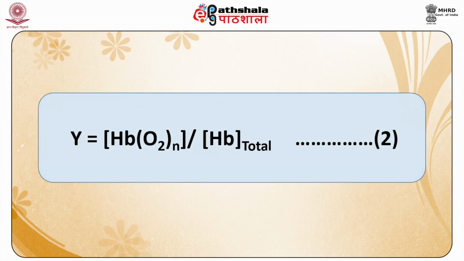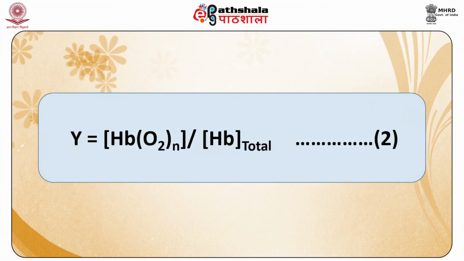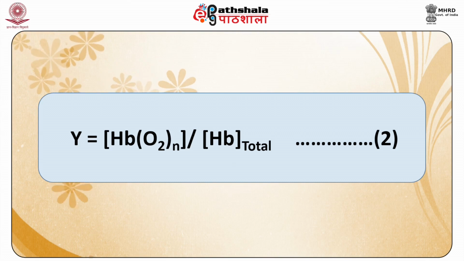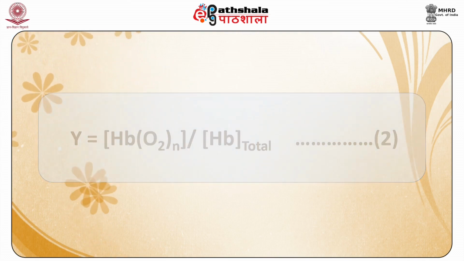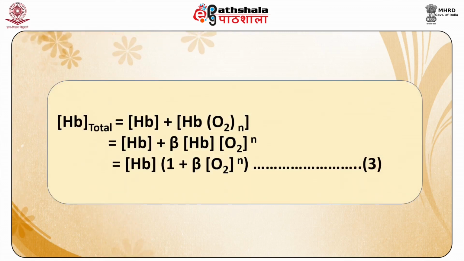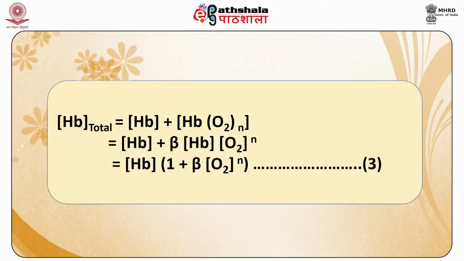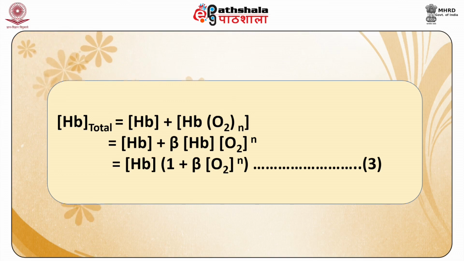The saturation Y is defined as the ratio of concentration of oxyhemoglobin to the total hemoglobin concentration. The total hemoglobin concentration is the sum of concentration of deoxyhemoglobin and oxyhemoglobin.